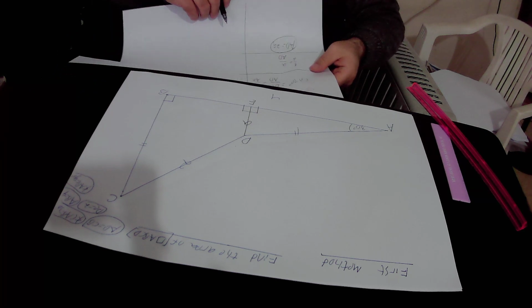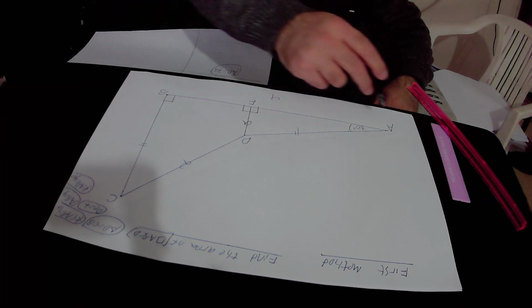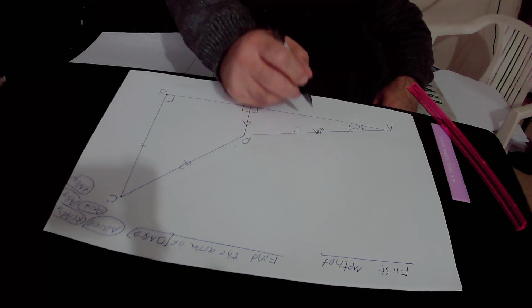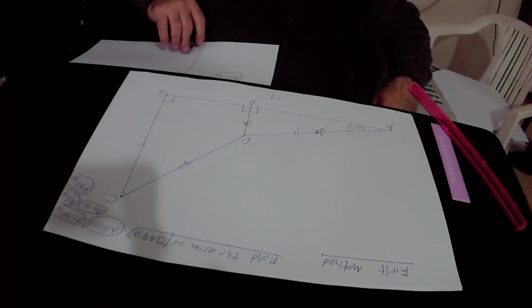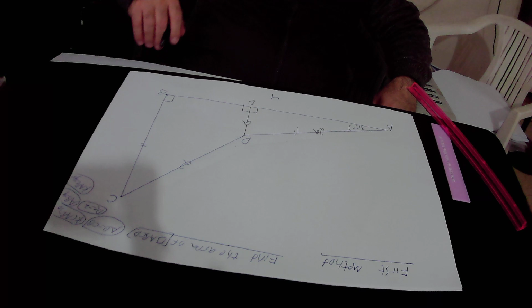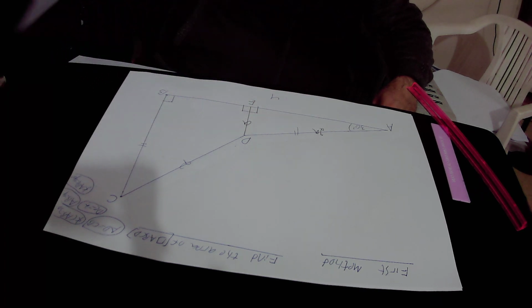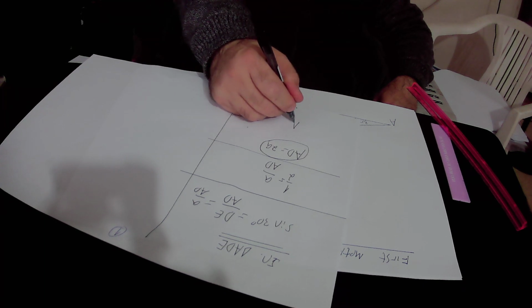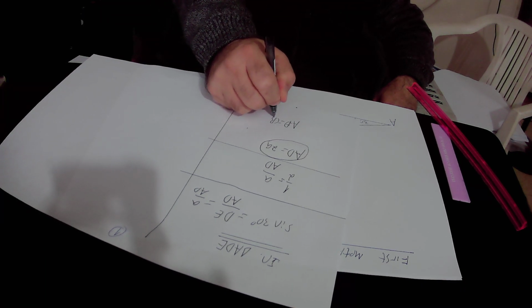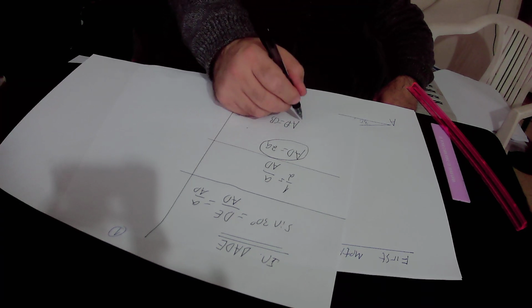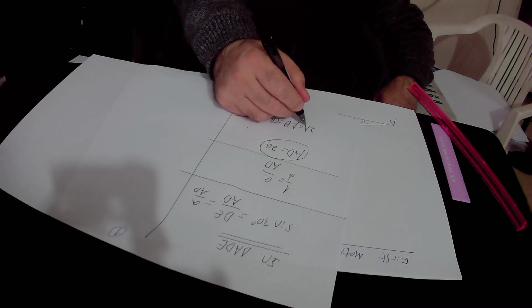So we found out that AD equals 2A. It is given in the question that AD equals CB. We know that AD equals CB, and we found out that AD equals 2A.